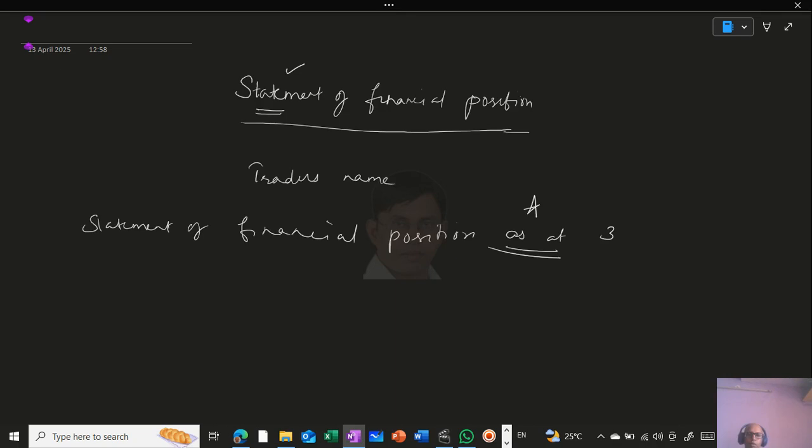So whatever date it is, 31st, month and year. It may be March or 2025. So statement of financial position as at 31st March or 31st whatever, and the year also. This is how we have to write the heading.